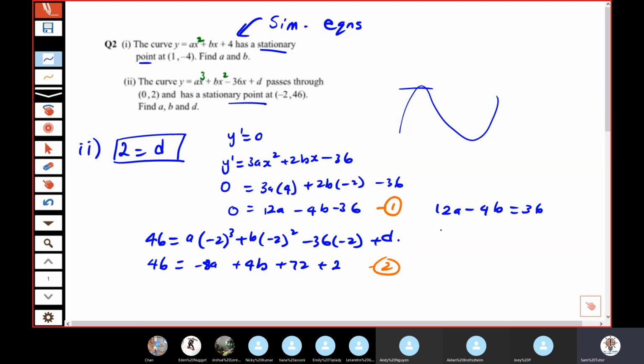And this one, -8a plus 4b equals 46 take away 74. 46 take away 74, -28. And then solve those two simultaneously. Is that okay? Joe, you alright with that as well? Yeah. Cool.